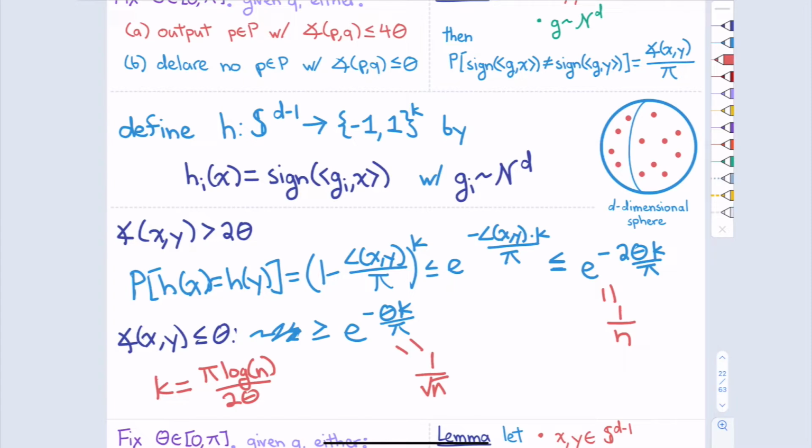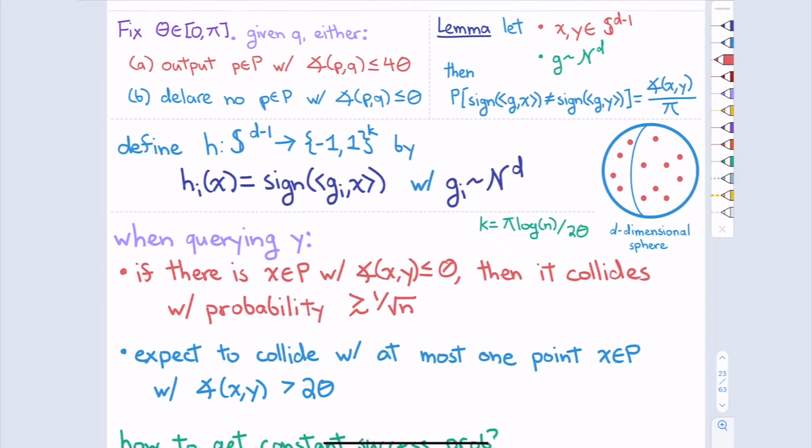And now we have this gap. I have a 1 over square root n chance of winning on a good one, and also a 1 over n chance of losing on a bad one. Okay. Doesn't seem like much, but there's some separation.